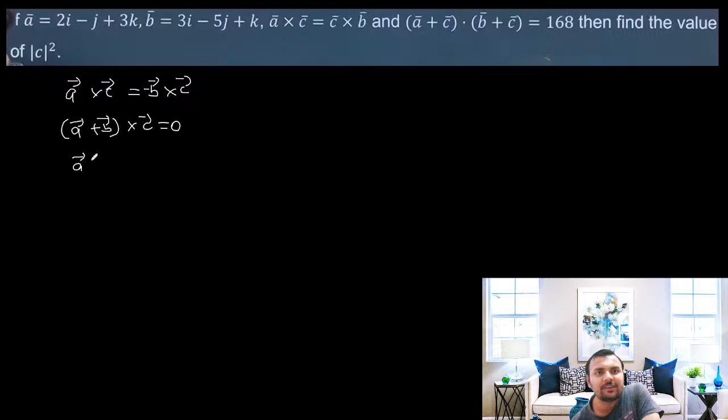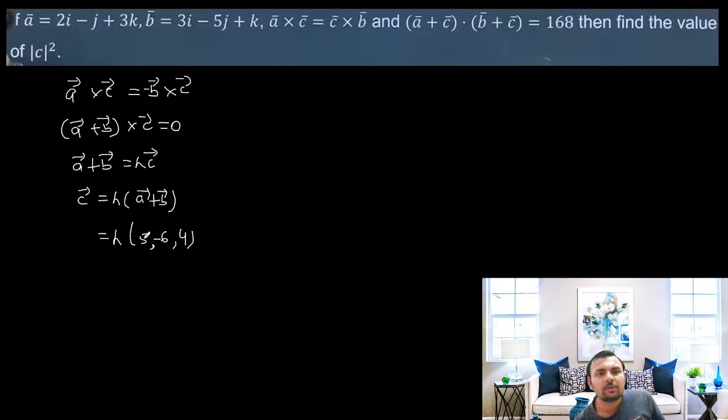A vector plus B vector is lambda times C vector, or C vector is lambda times A vector plus B vector. So we can simply say it is lambda times 5, minus 6, 4. This is C vector.